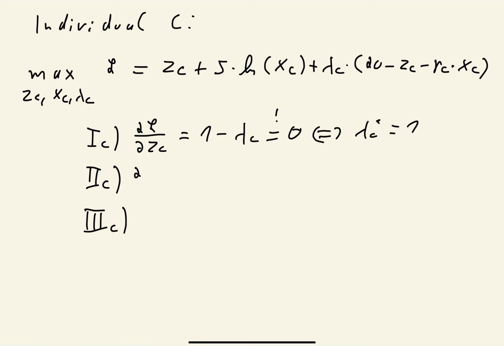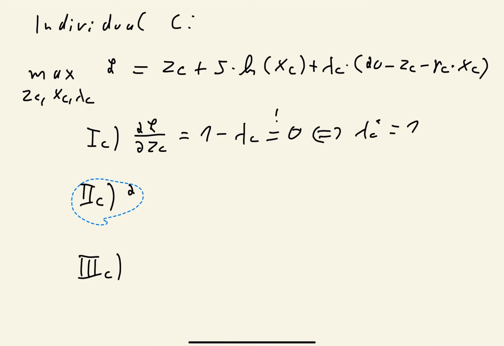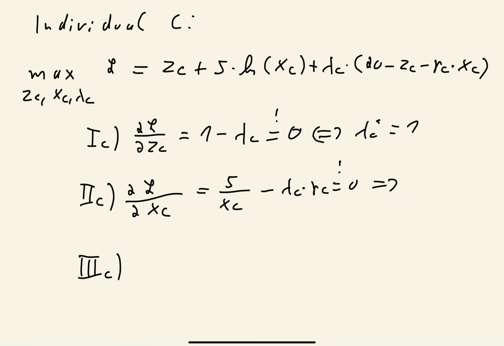Then the derivative with respect to XC will give us 5 divided by XC minus lambda C times PC, which should be equal to 0. Plugging in for lambda C and solving for XC gives us XC star is equal to 5 divided by PC.